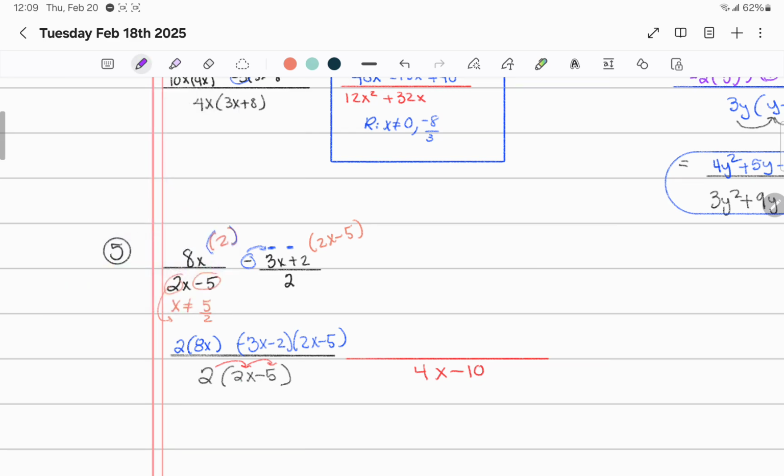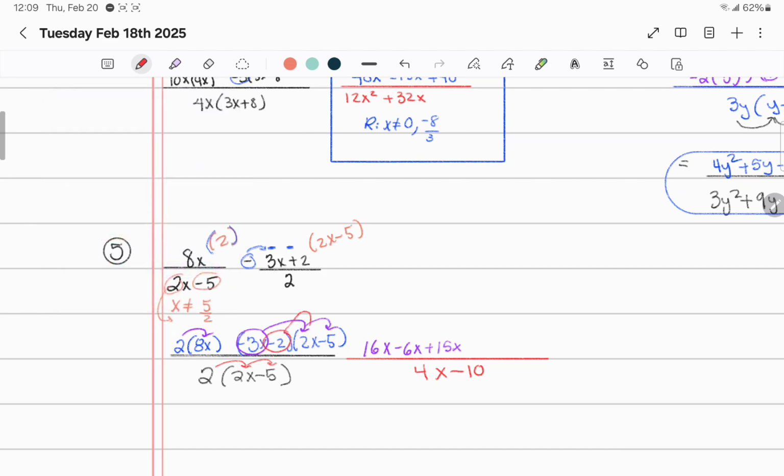Next, the top. 2 times 8 is 16x. -3 times 2 is -6x. -3 times -5 is positive 15x because negative times negative is positive.